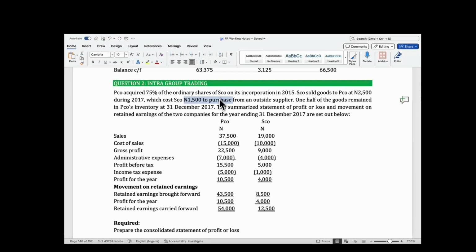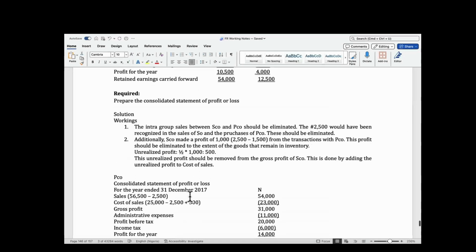And that profit is an intra-group profit that should also be eliminated, but to the extent that the goods remain in inventory. And since only half of the goods remain in inventory, that means we are going to eliminate just half of the profit. And that's all we need to do here. So let's consolidate.